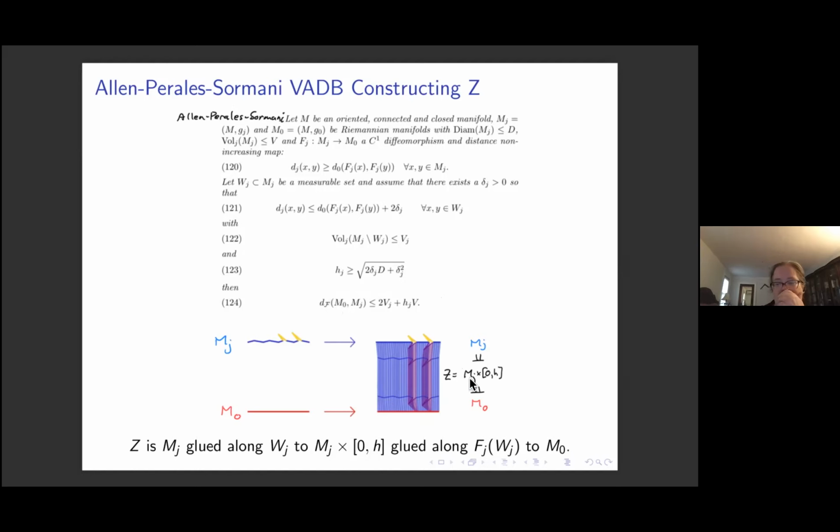So that will be our MJ cross 0H, which gives us HJV as our upper bound on the mass of B. And then we're going to have boundary parts, and we estimate that the boundary parts, well, we're going to have a boundary part down here and a boundary part going up here, and we'll have boundary parts going down here and boundary parts going up here, and those will cause a 2VJ, where VJ was basically the volumes of the wells that are yellow. It's double them because we didn't attach them.